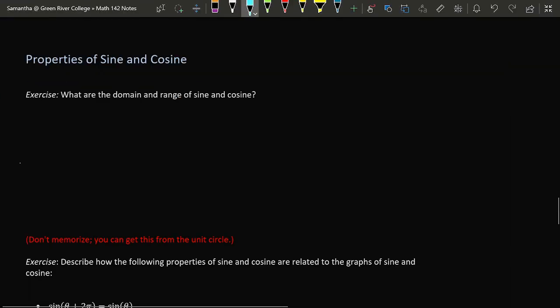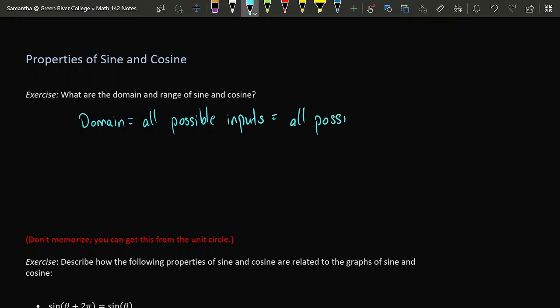Now recall that the domain of a function was the collection of all its possible inputs, and graphically this would show up as all possible horizontal values on the graph. That's because the horizontal values on the graph of a function are representations of the function's inputs.